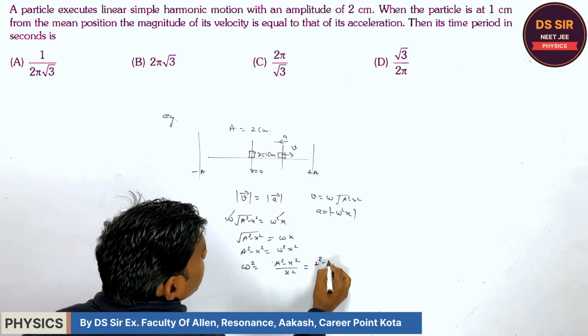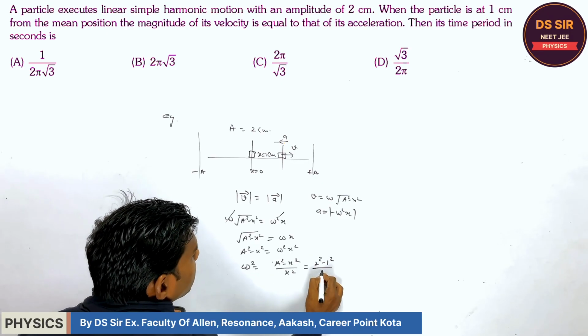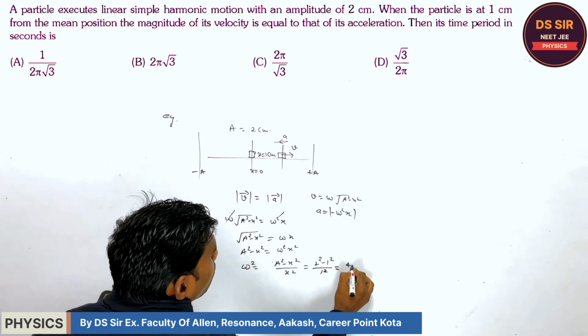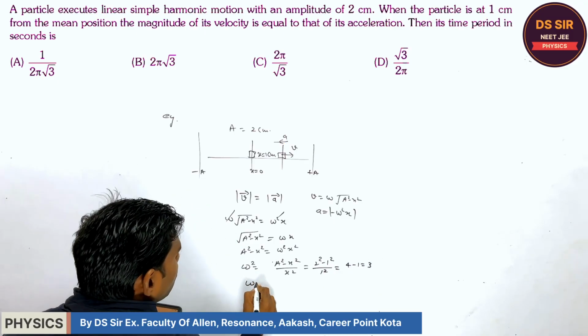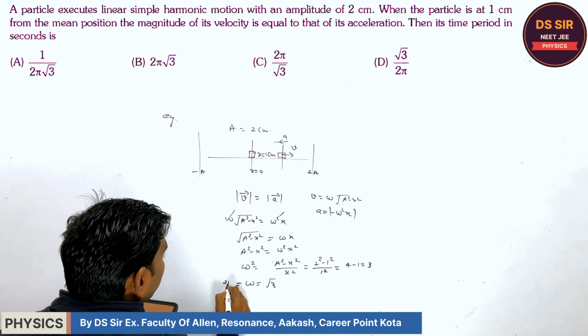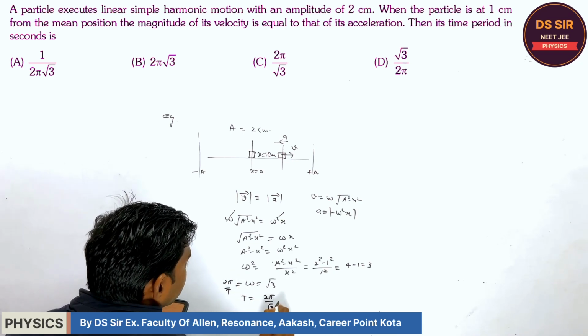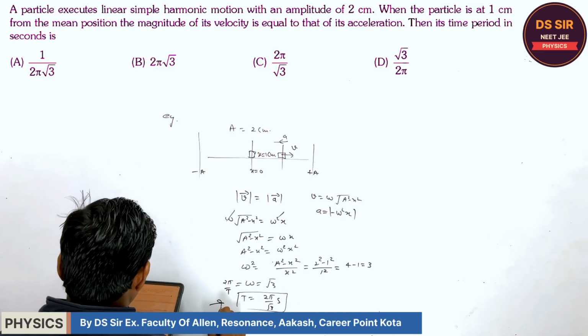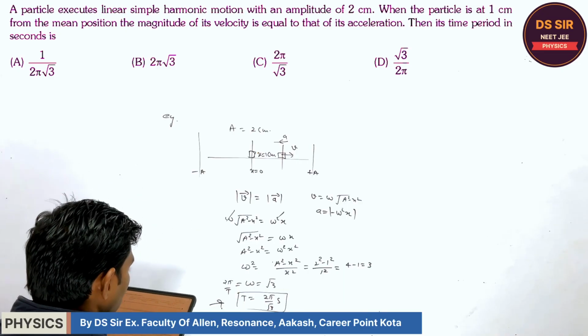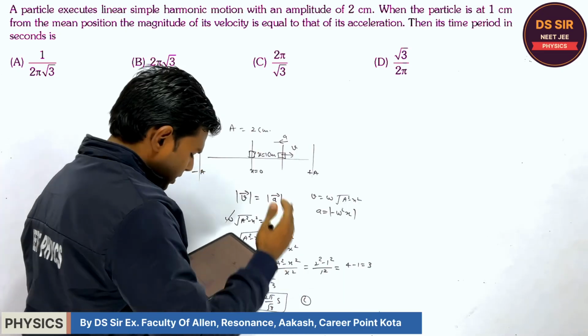So it is 2 centimeter, 1 centimeter. So it is 4 minus 1 is equal to 3. So omega is equal to root 3 is equal to 2 pi by T. So the time period will be 2 pi by root 3 second. So this is the answer of this question, right? So the C option is the correct option.